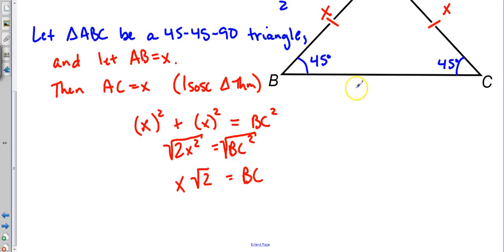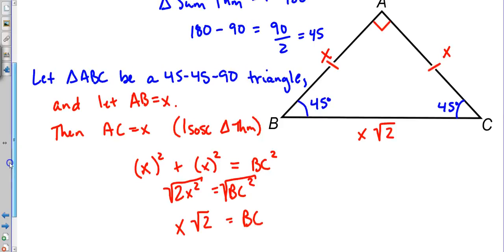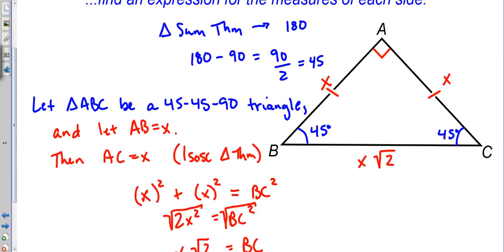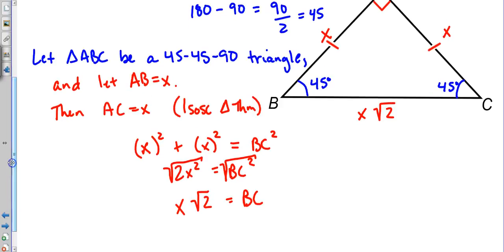All right, so what we just figured out is that this side length is always x times the square root of 2. Okay? So ultimately, big picture, what this means is if I know one of the side lengths, I've got this relationship where the ratios of their sides are going to be 1 to 1 up here.